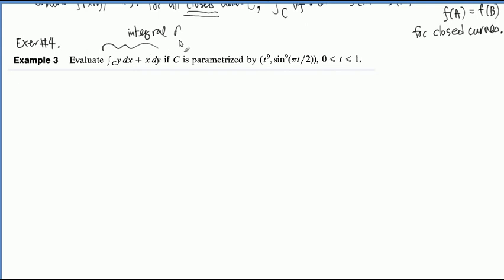Integral of a vector field. Yeah. So this is a vector field problem. Think about what vector field this one is, and how you're going to calculate this when C is parameterized by this one that we encountered before. And for that one, the integral seems difficult, so we use something else.